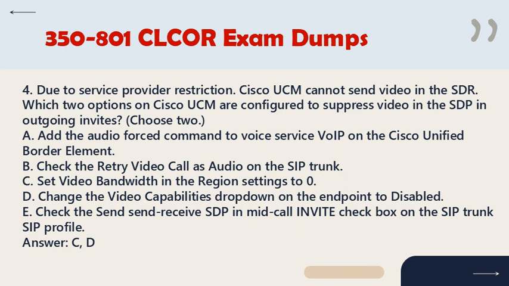B. Check the retry video call as audio on the SIP trunk. C. Set video bandwidth in the region settings to 0. D. Change the video capabilities drop-down on the endpoint to disabled. E. Check the send receive SDP in mid-call invite checkbox on the SIP trunk SIP profile. Answer: C, D.